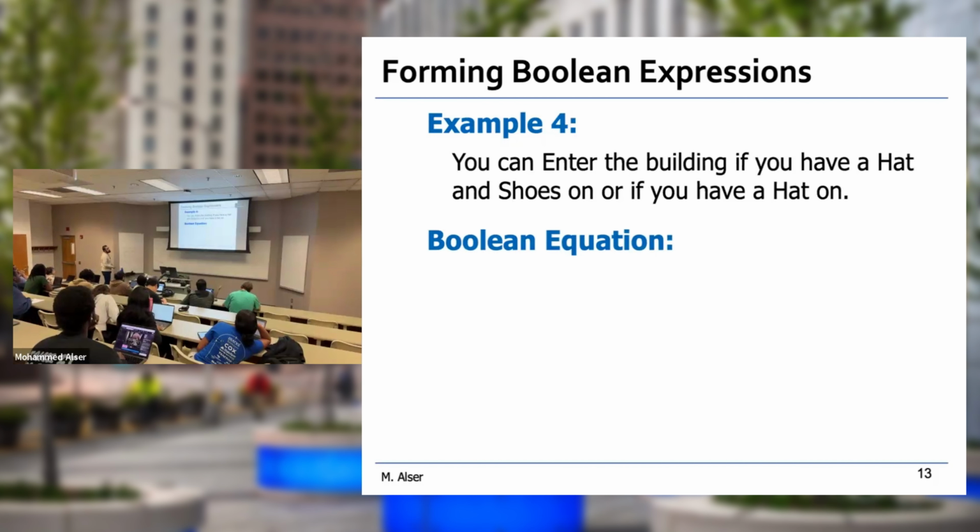You can enter the building. You can assume in this situation, this example, we don't have the variable. So assume it yourself. You can say building or E or something like that. Okay, enter the building, E equal 1.